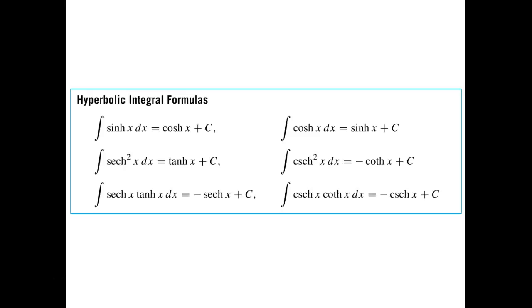It is hyperbolic, so that is the same. Integral of this one is tangent. That's the same as it would be in trig. That would be the same as it would be in trig. These, however, this would be a minus.